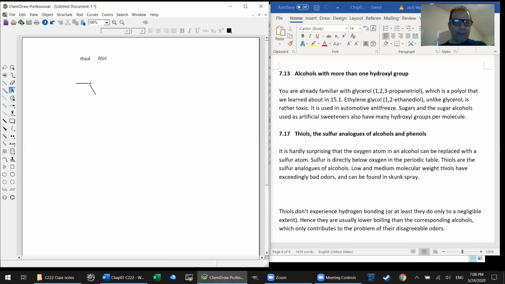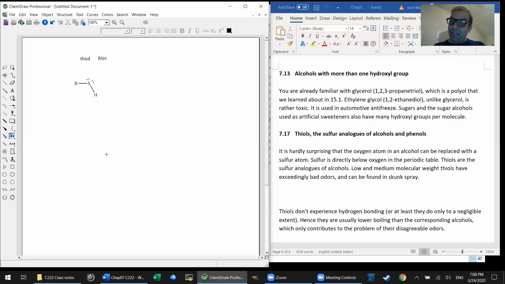I would expect that the sulfur atom would be sp3 hybridized, and that we would have a bent geometry around that sulfur atom, just like we would have a bent geometry around the oxygen atom in water or in alcohol. So sp3 hybridization. Thiols stink to high heaven, and if you've ever smelled a skunk, you've smelled a thiol.